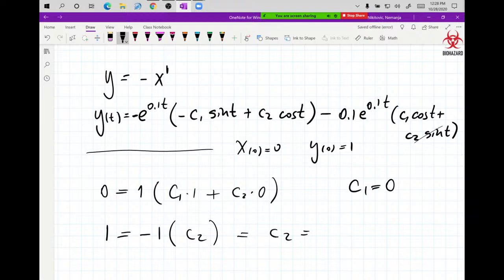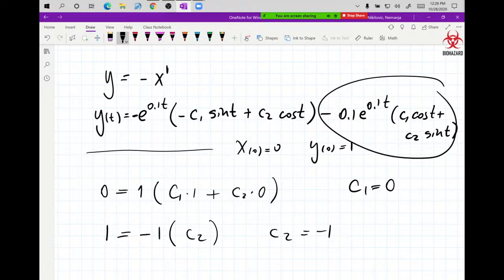So C2 is -1. Both of these terms here are zeros. The first one is 0 because C1 is 0, and the second one is 0 because sine of 0 is 0. So this part does not contribute at all to that calculation.